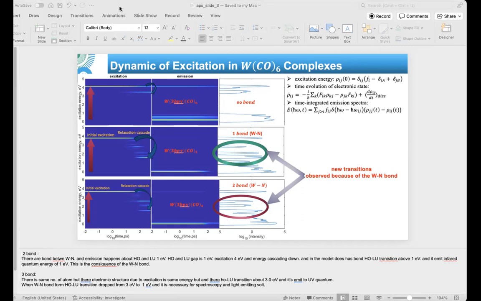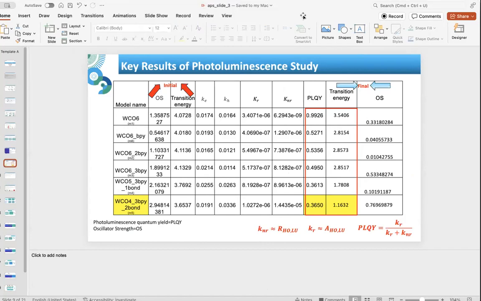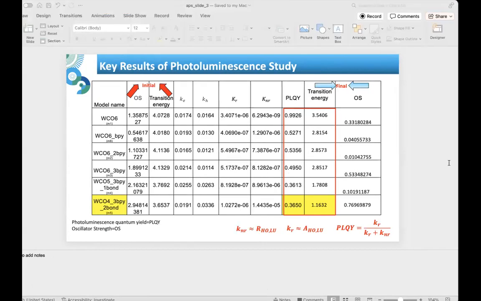And what is the next? This one, we are saying is the most important result for this whole study.